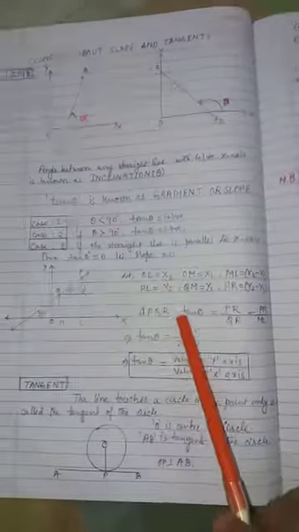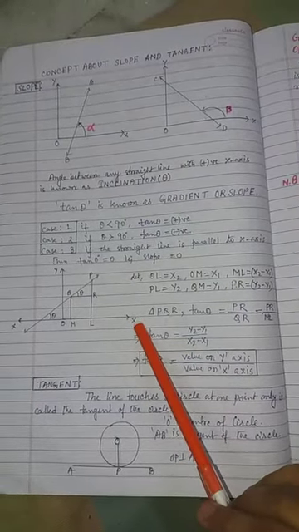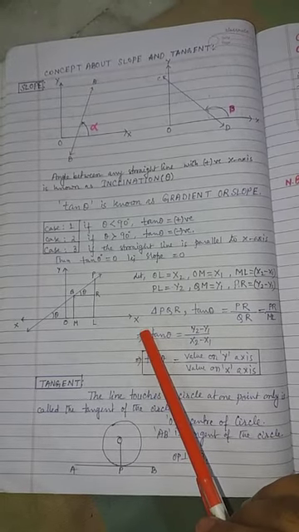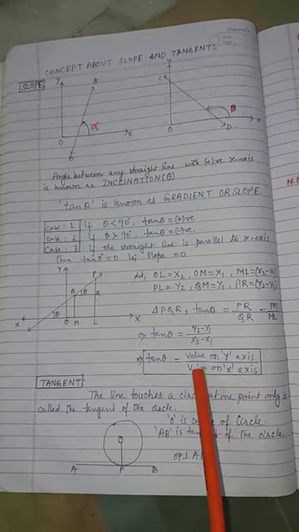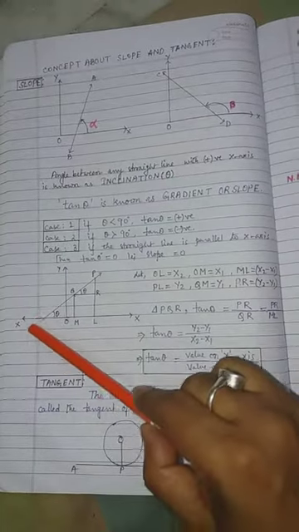Now we represent tan theta in terms of the y-axis and x-axis. You will learn in class 10 that tan theta is represented by the value on the y-axis by the value on the x-axis. Here we consider a straight line.